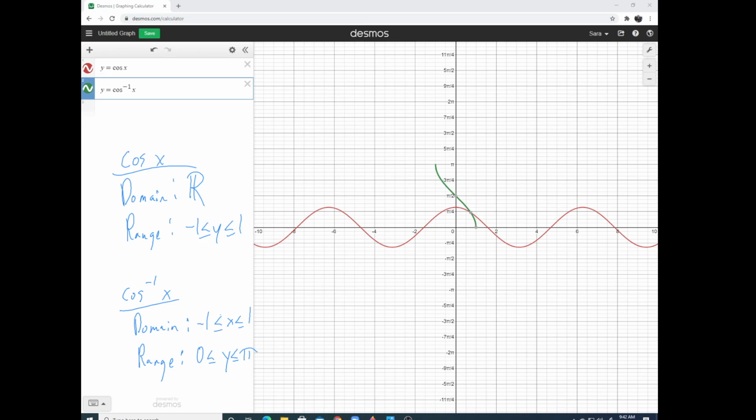Now, for these other ones, I'm not going to prove them to you. I'm just going to give them to you. If I can move stuff on my desk without knocking anything over.